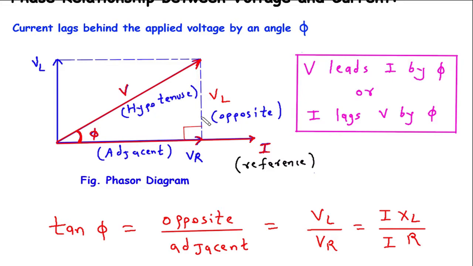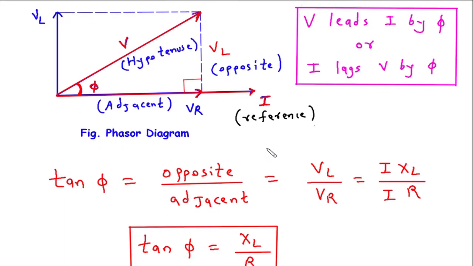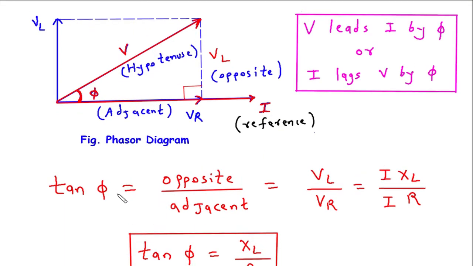Now here we can see this is a right angle triangle. So this will be the hypotenuse, this will be the adjacent side and this will be the opposite side to this angle. Also we are taking this I as the reference again. Now according to the formula, tan phi is equal to opposite side, which is VL, divided by adjacent side, which is VR.